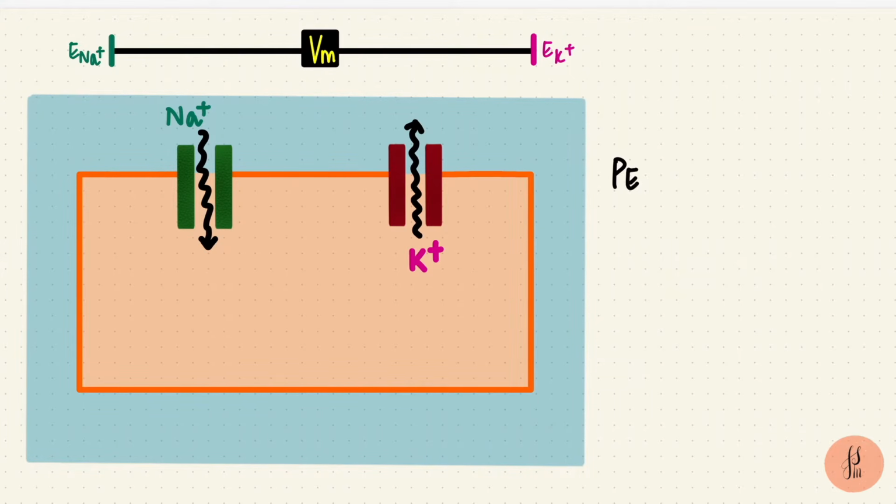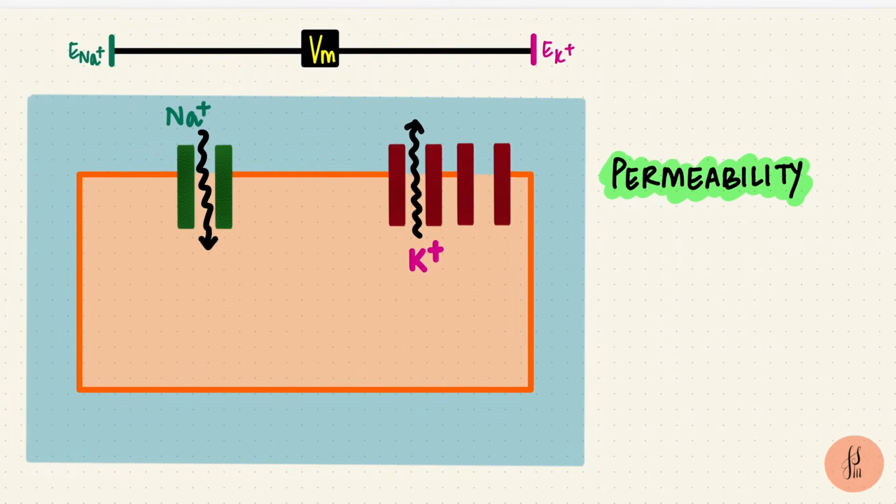That's where another factor comes in: permeability. The more permeable the membrane is to an ion, the closer the membrane potential is going to get to that ion's equilibrium potential. It makes sense, because if more potassium ions can leave the cell compared to sodium entering, they've got more influence on what happens to the membrane potential.